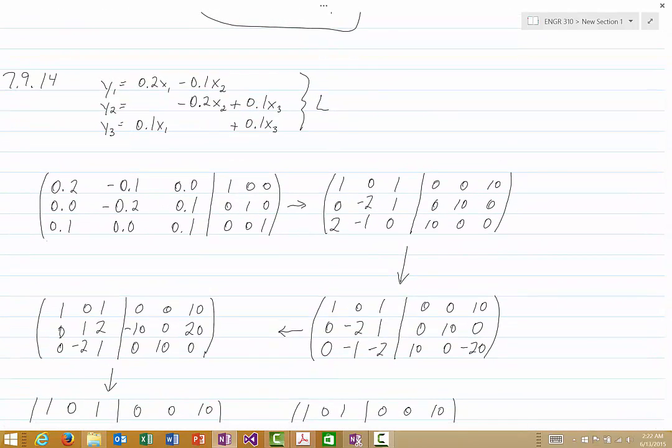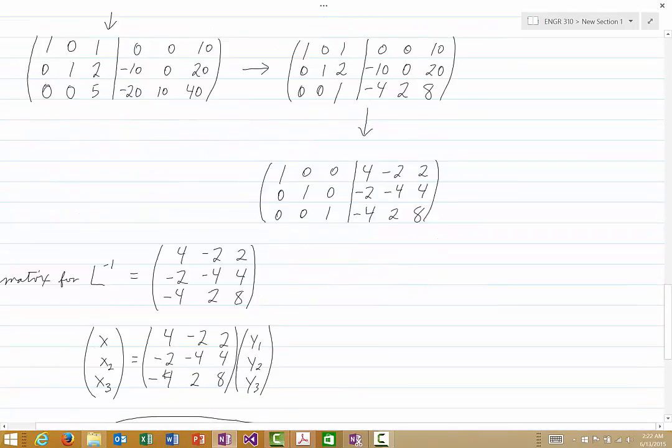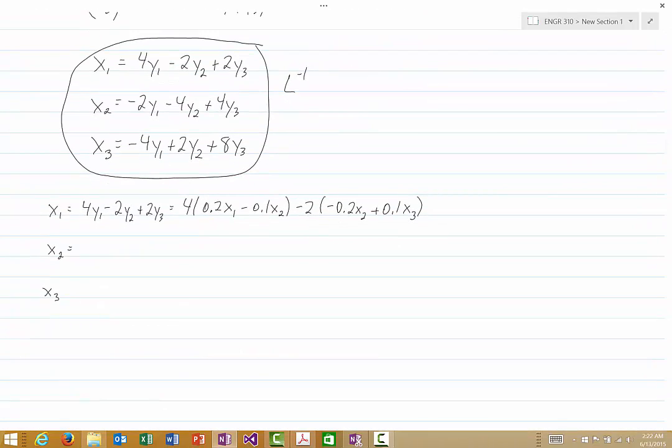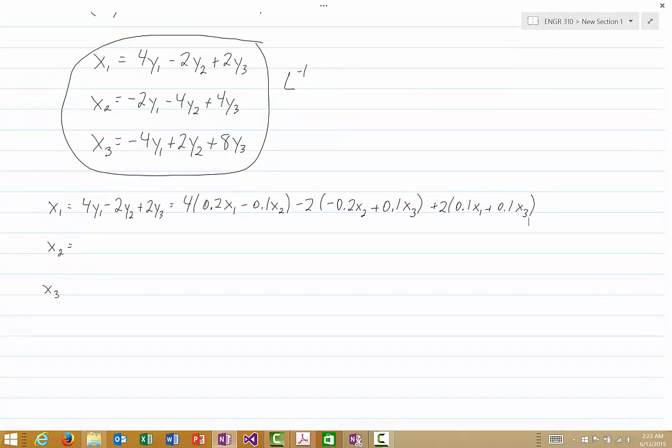And y3 is 0.1x1 plus 0.1x3. So plus 2 times 0.1x1 plus 0.1x3. Okay, and let's see what that will work out to be.